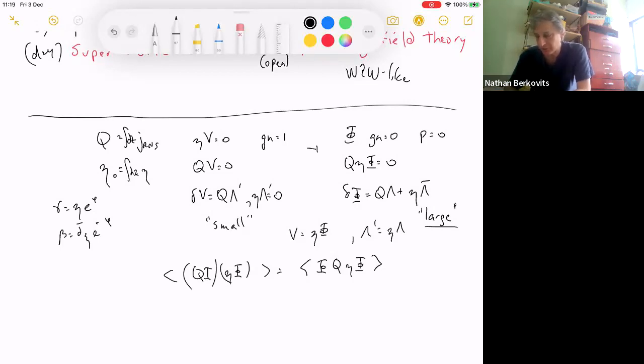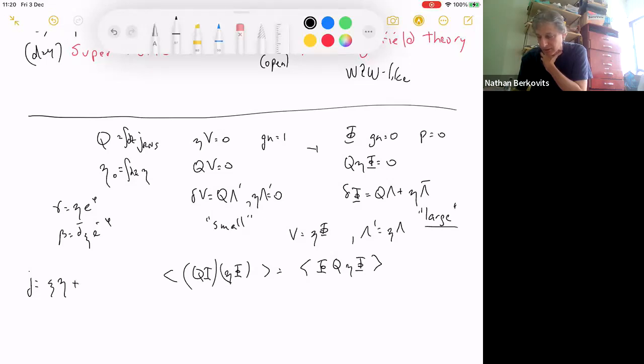Now, the last ingredient I want to say, which maybe is a little bit unfamiliar, is ghost number. So Q, of course, has ghost number 1, but I'm also going to define eta to have ghost number 1. So that might be a little bit surprising. Normally, at least Friedan, Martinec, and Shenker define e to the phi to have ghost number 1 and eta to have ghost number 0. It's more convenient to describe the ghost number such that eta carries ghost number 1 and xi carries ghost number -1.